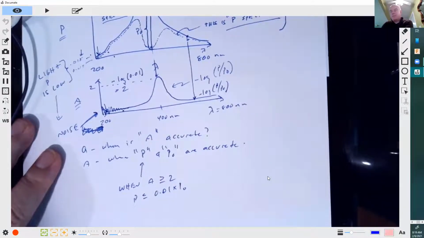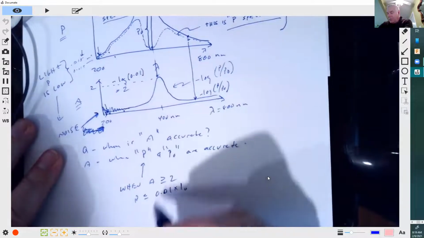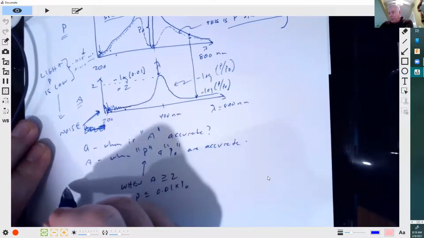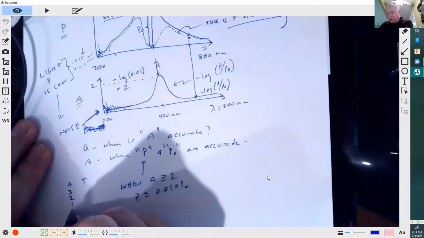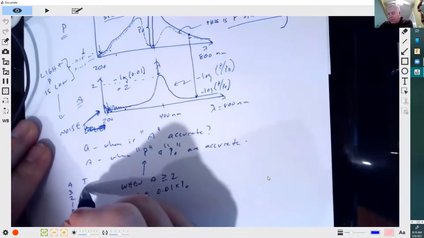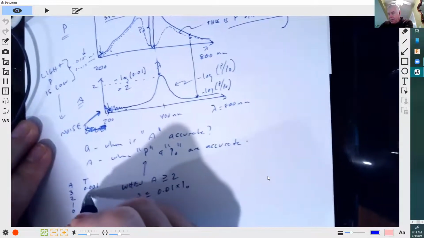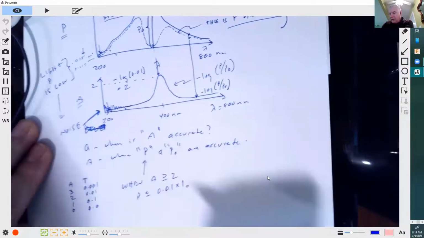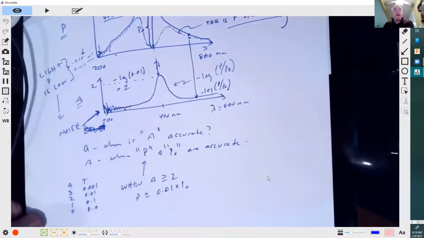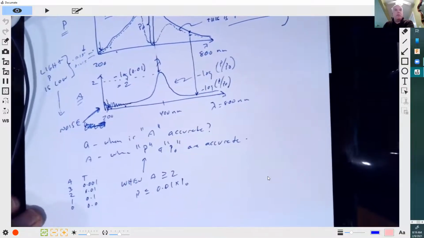Does that make sense? Remember here you've got absorbance and transmittance, 3, 2, 1, 0, and that's the relationship between absorbance and transmittance.